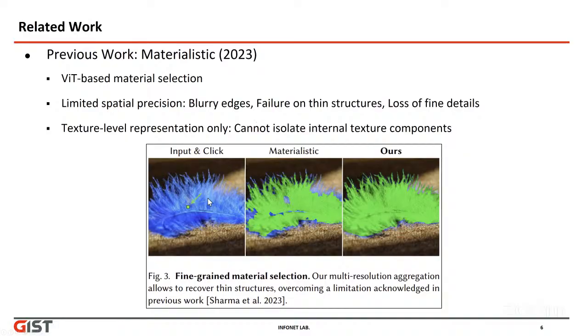It shows blurry edges, failures on thin structures, and loss of fine details. Also, it cannot isolate internal texture components, and I will talk about this later. But in Figure 3 below here, you can see these edges are not very precise, and there are some weird blobs here.